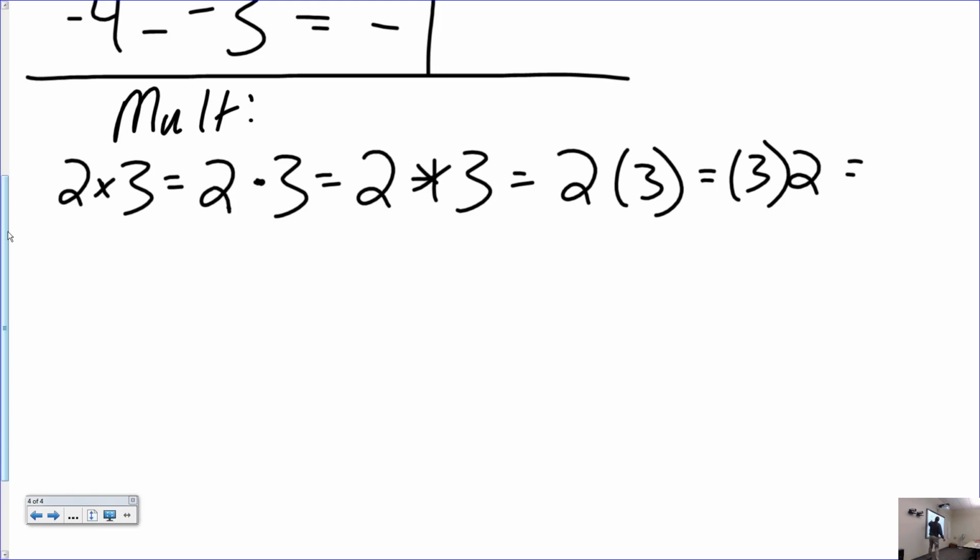Using a little x is really bad practice, folks, because of algebra. Right? What's our favorite variable letter? X. So when you write a little x for your multiplication, it doesn't go over well. Using the dot or the star is a little bit better. Writing it like this as implicit multiplication would actually be best, in my opinion. All right? And yes, what is 2 times 3? Okay, good.